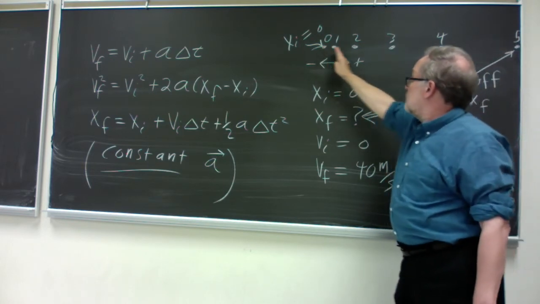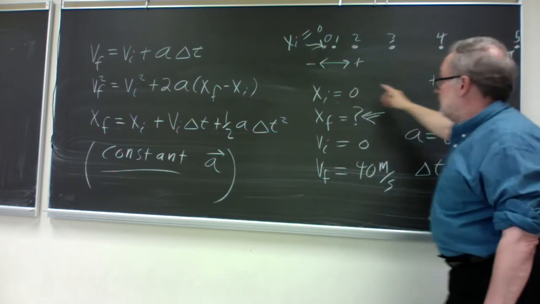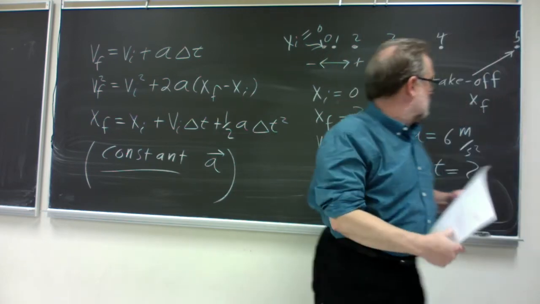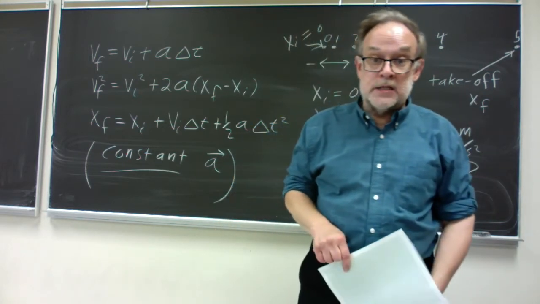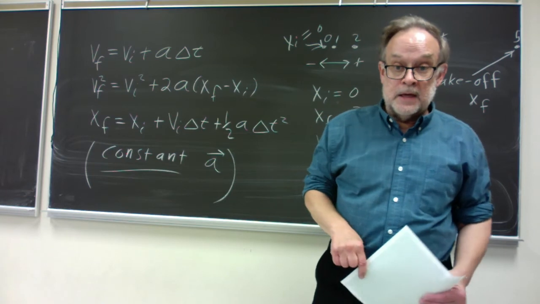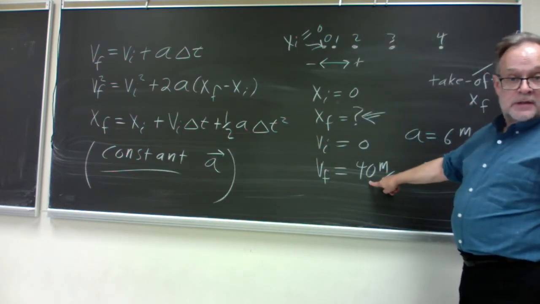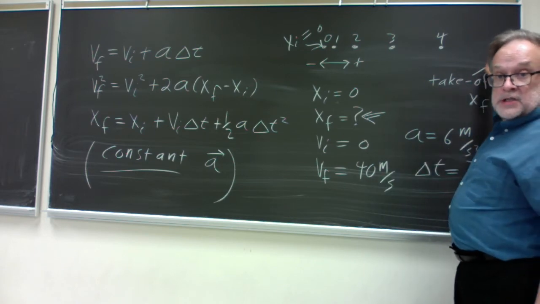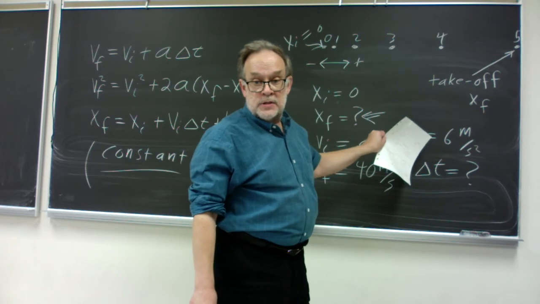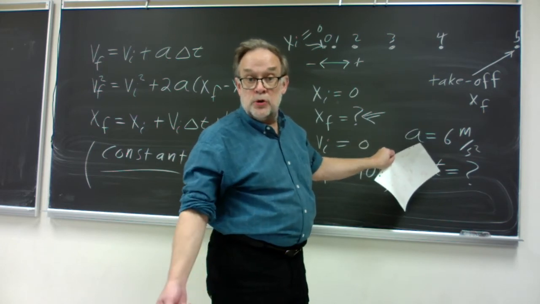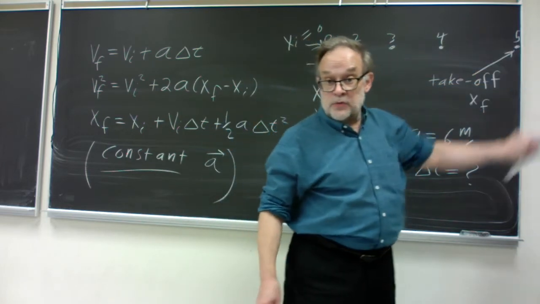The total distance from xi to xf, that's how long the runway has to be to make sure the plane can take off. And here's the speed that the plane has to have when it's here at xf. And there's how fast it accelerates, and we don't know how much time it takes to get from one end to the other end of the runway.